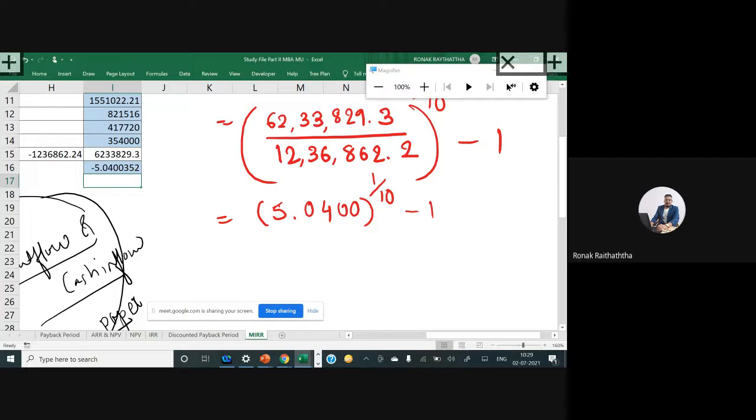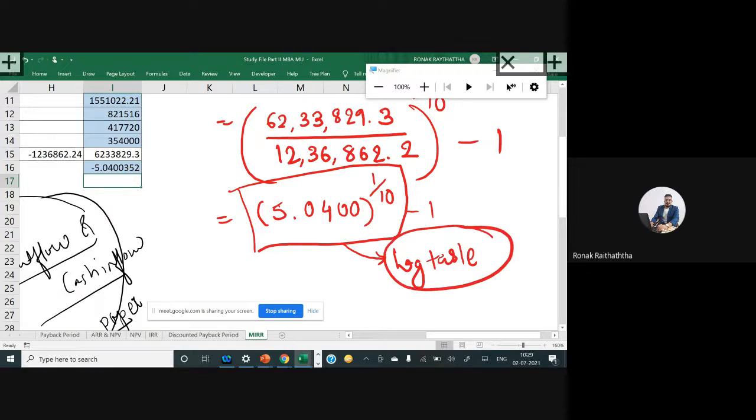Now in Excel, it's quite easy to do this, but if you're doing it manually, then you will have to use either a scientific calculator or you will be using the log table. Because when we are mathematically stuck, we go to the mother of mathematics, which is logarithms, right?